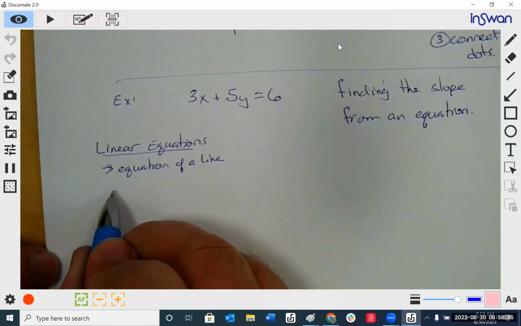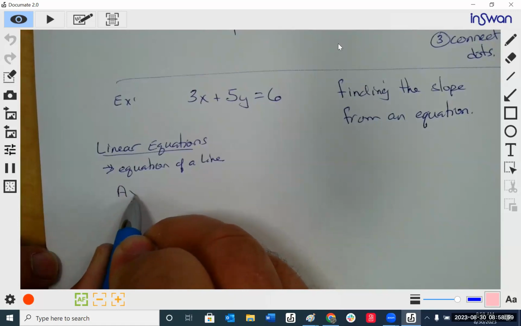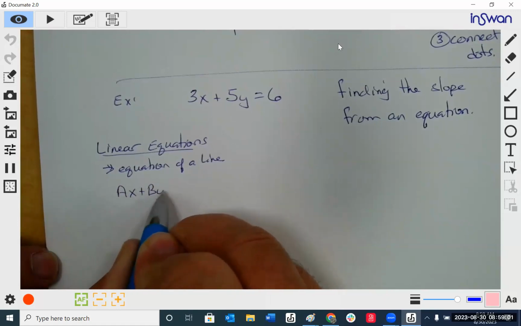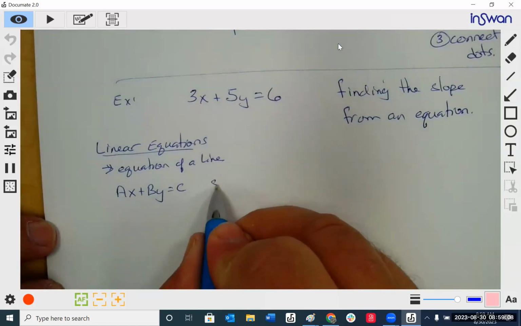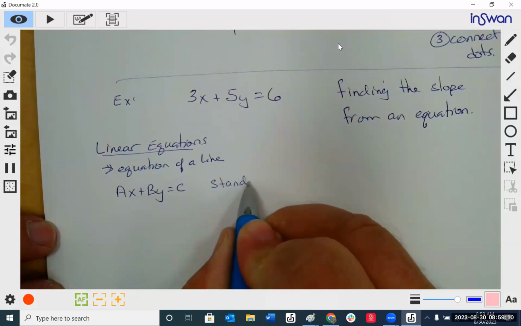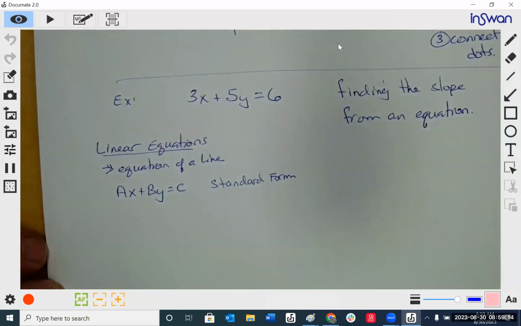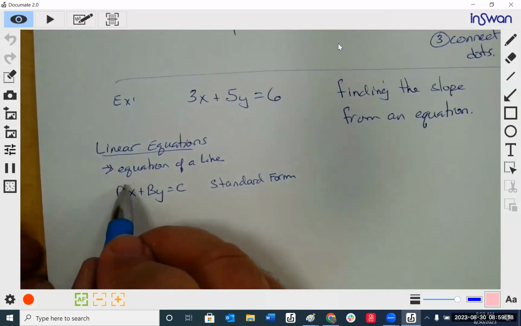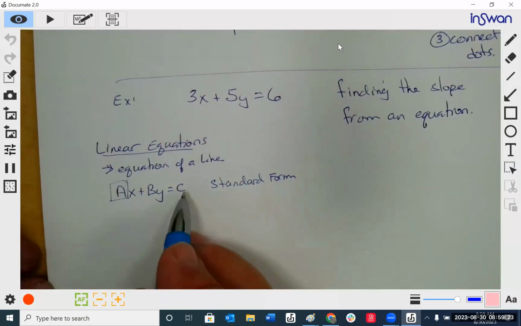Linear equations have this form. This is called the standard form, where x and y are on the same side, the coefficient of x is positive, and the numbers are on the other side.